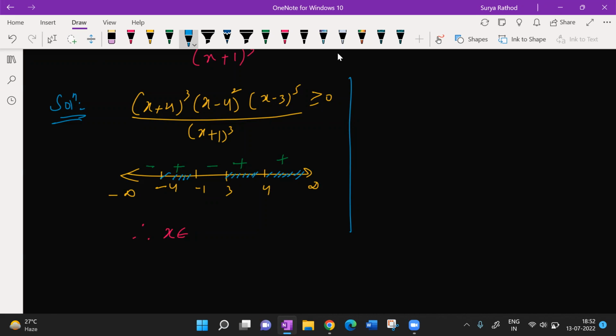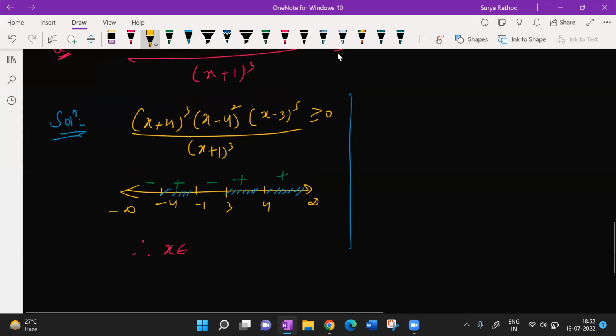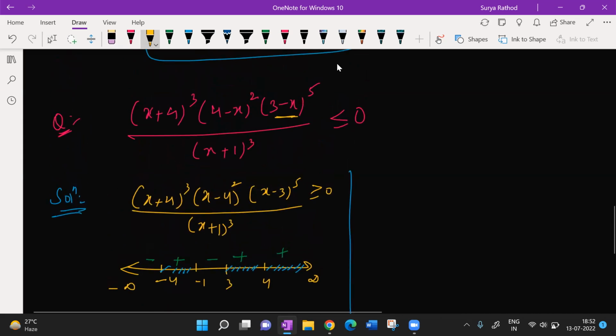The inequality stays the same, but in the terms where the coefficient of x is negative, look at this here. Here also negative, here also negative. In such cases, if you take minus common here, what happens? Because of the even power, it will be plus only.